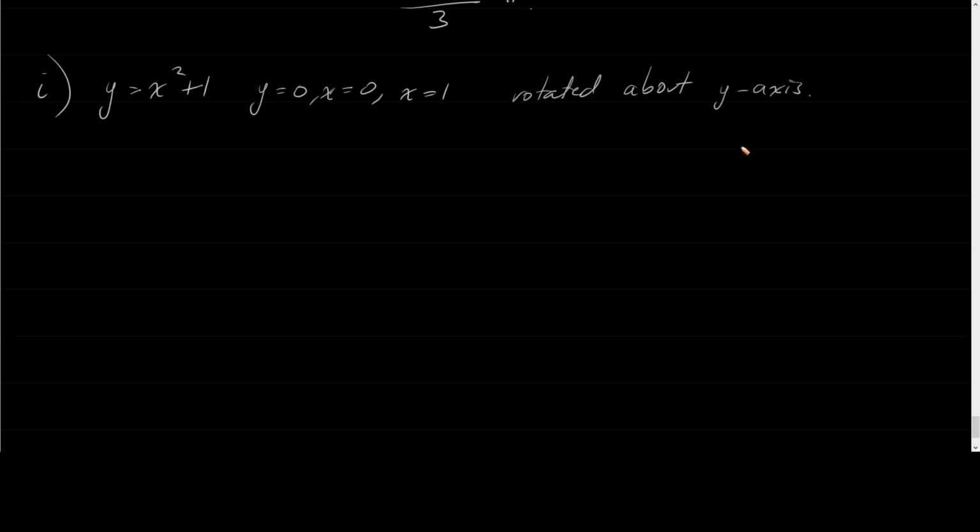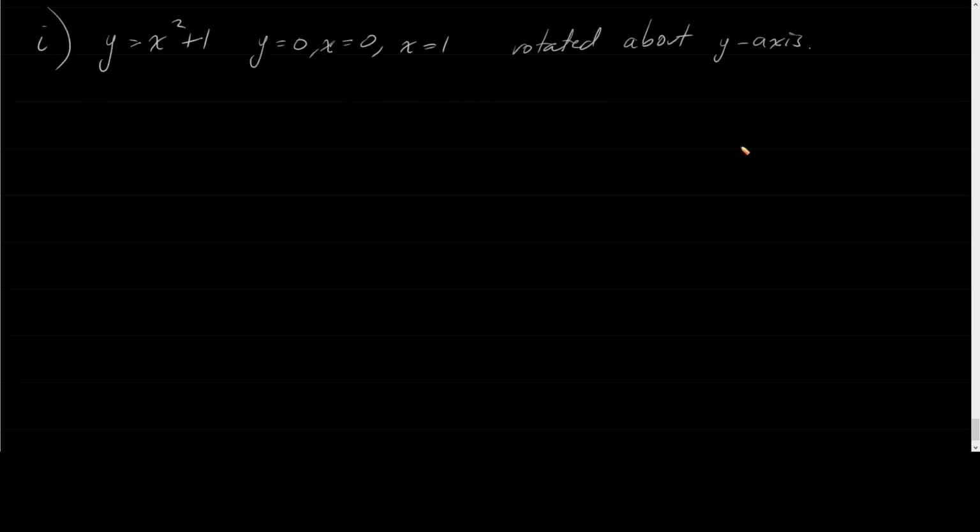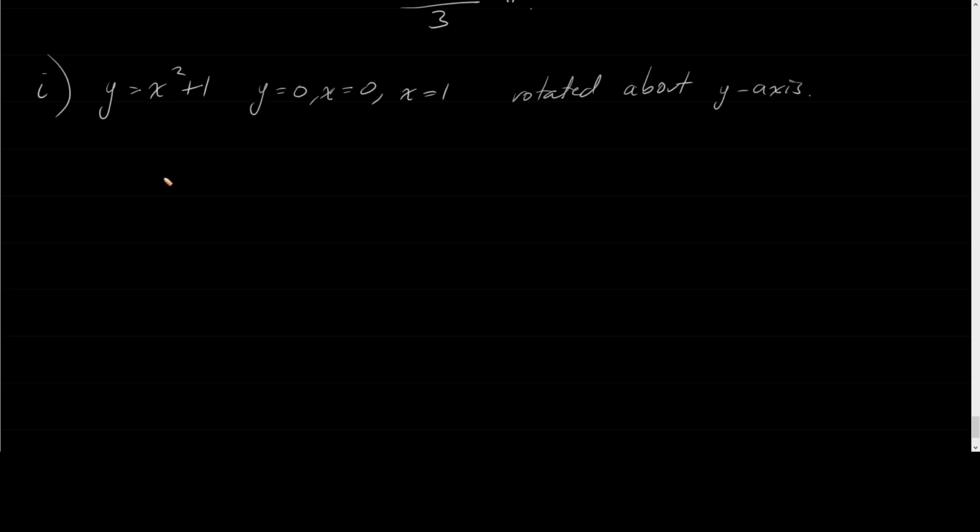All right. So let's see what we get here. Let's look at the region. X squared plus 1 looks like this. It is a parabola shifted up by 1 unit. y equals 0, well, that's just the x-axis.